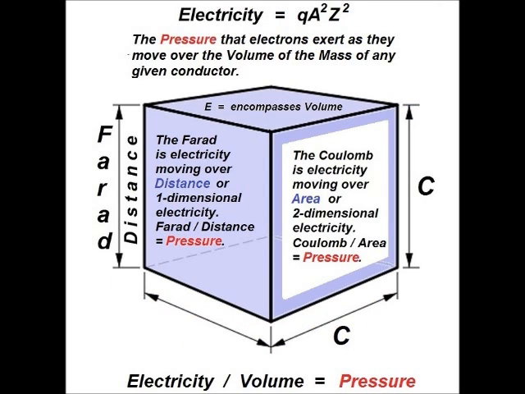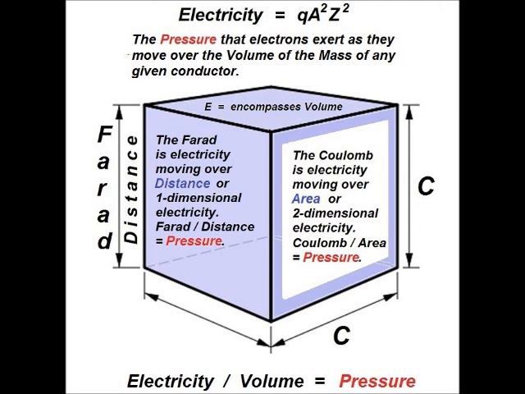So, even though electricity is flowing over this three-dimensional cube in the form of qa squared z squared, the electricity that is only on one side of the cube, or covering an area, that portion of the electricity is only flowing in the form of qa, which is charge.